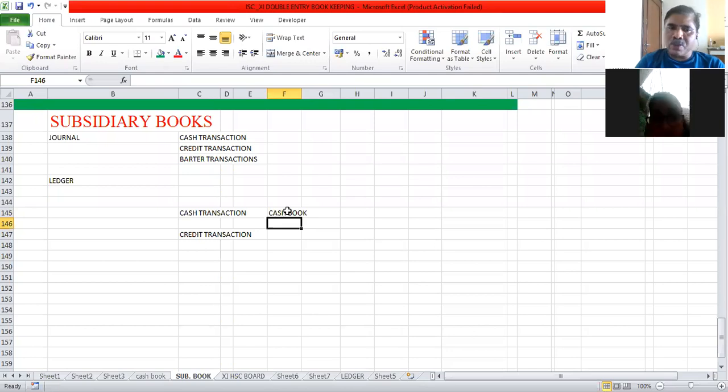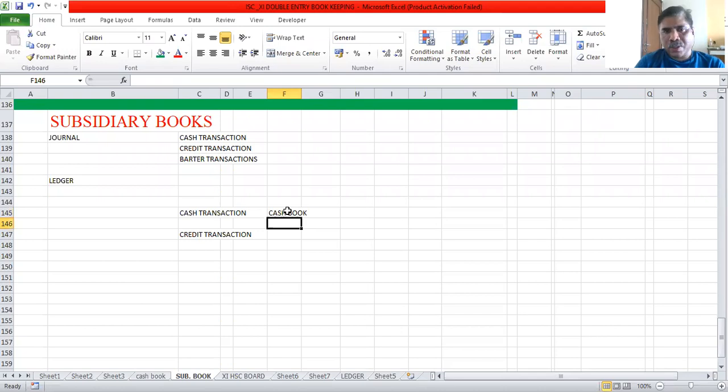And when it comes to credit transactions, they are classified under two parts: one is for goods, and one is for other than goods.